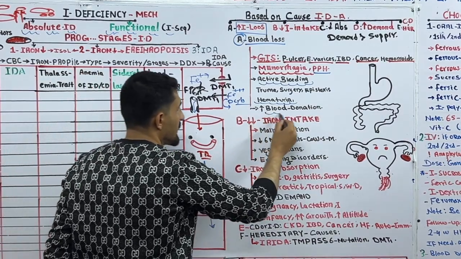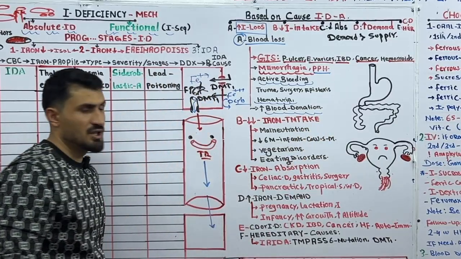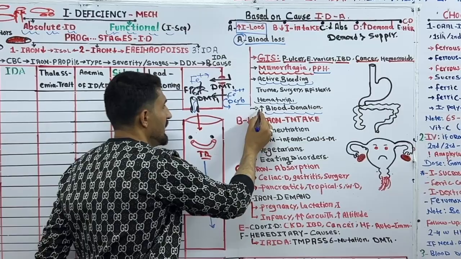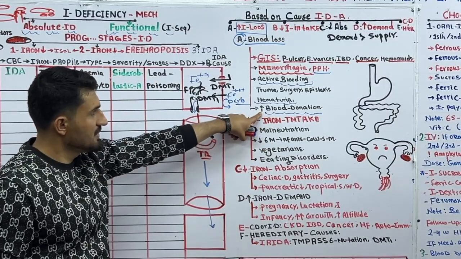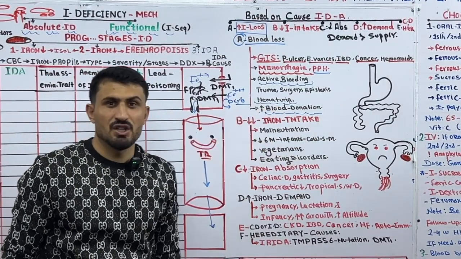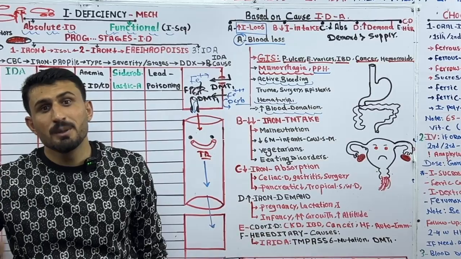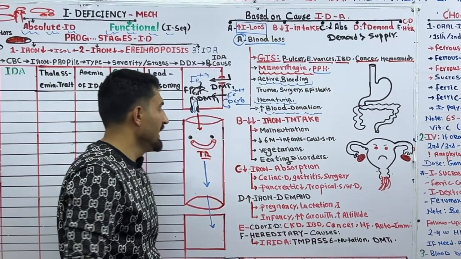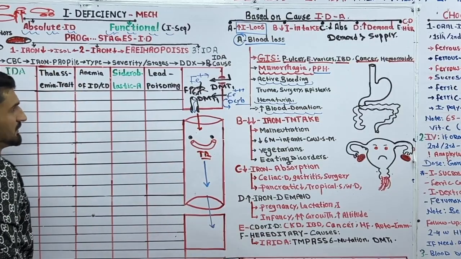And another way a patient loses a lot of blood from his or her body is due to blood donation. More repeated blood donation by a person, okay, and less time between donations.